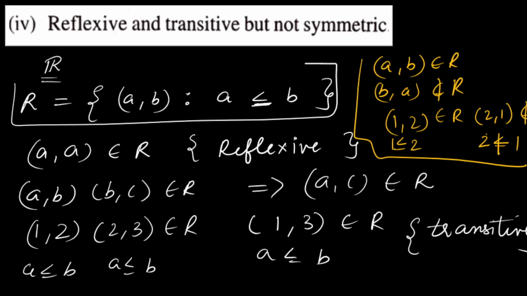So for the fifth one, I'm going to choose from the same set. The relation I'm defining from set A, this is R. It should be symmetric and transitive but not reflexive.